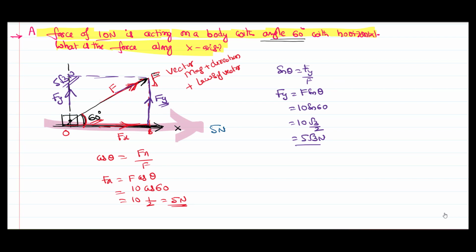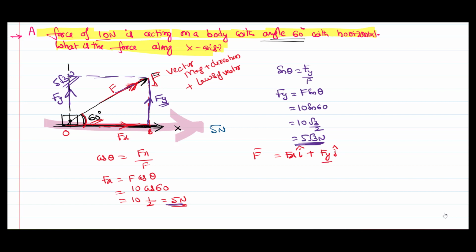Don't see it like normal scalar mathematics, that 5 and 5 root 3 are not equal to 10. Actually, they are equal to 10. Let me show you how that is. If you consider a vector F bar, this F bar has an x component as well as a y component. To say it is along the x-axis, I will multiply with i cap, which is a unit vector along the x-axis.